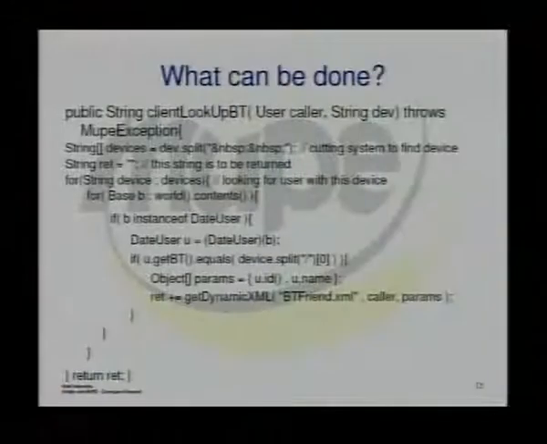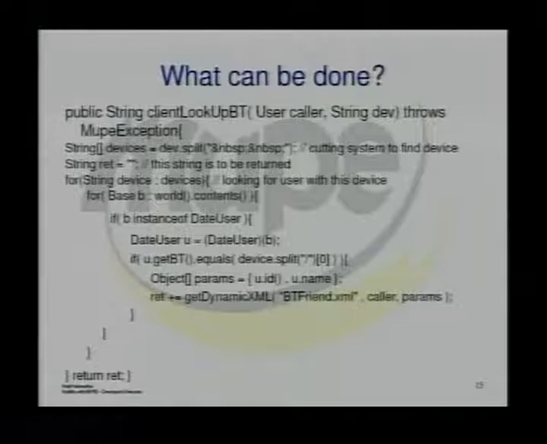The first parameter, user color, tells us who called this. We can get his name or ID or some data of him based on that. And the second parameter, string dev, is the string of all found devices on the device discovery.